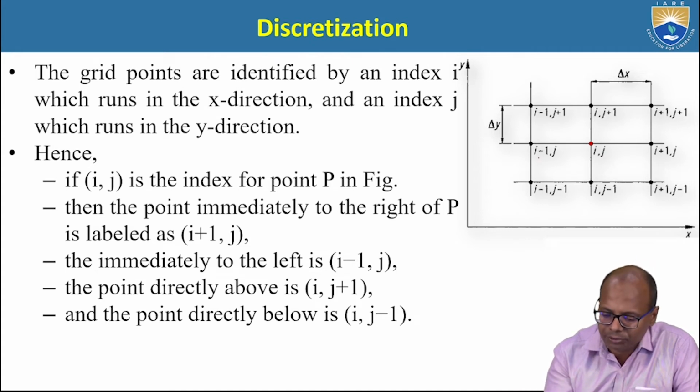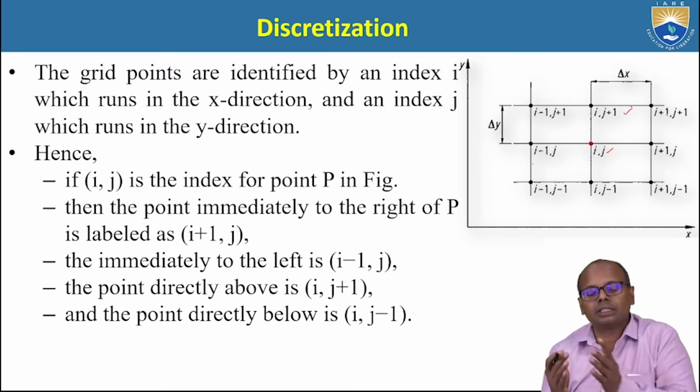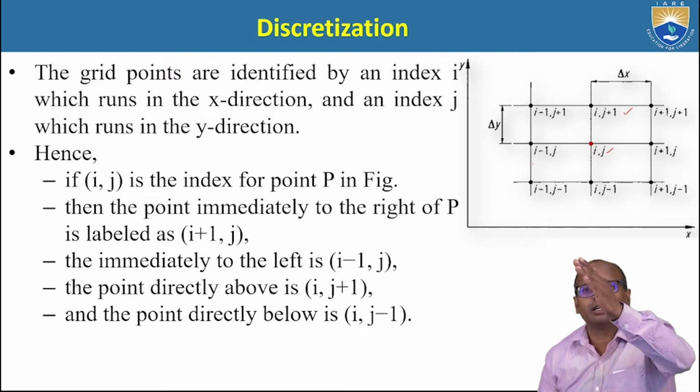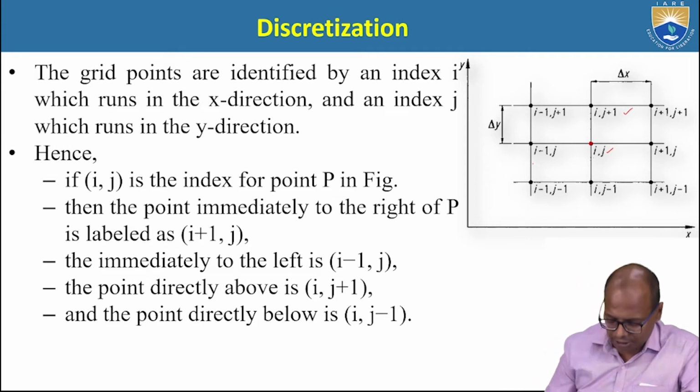Here is i, before it is i minus 1, after it is i plus 1. In the y direction, this is j, below it is j minus 1 and above it is j plus 1. So j changes in the y direction and i changes in the x direction.